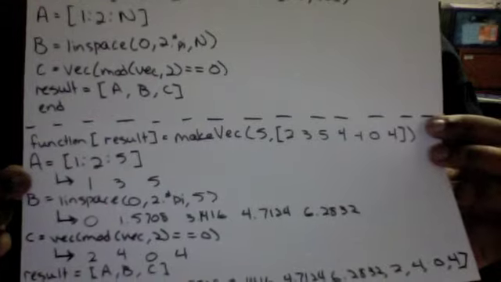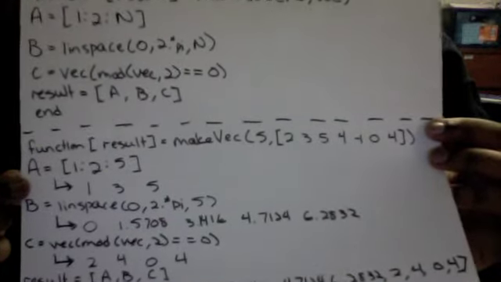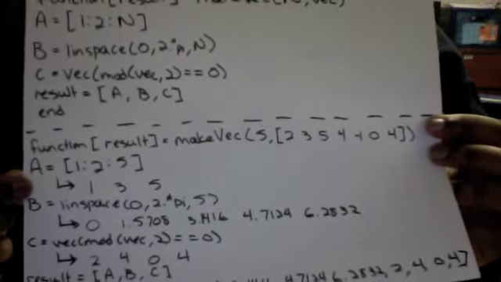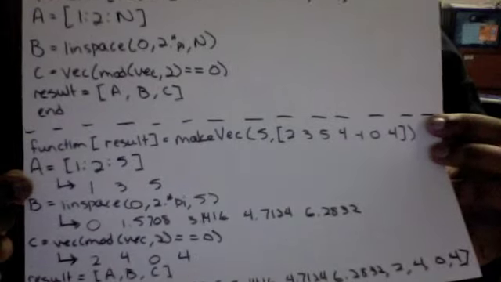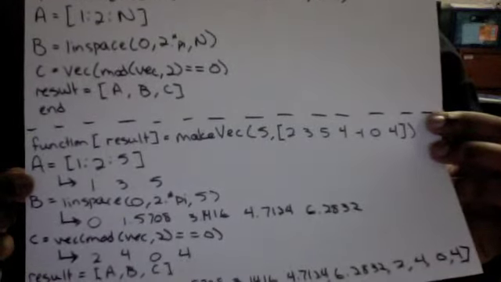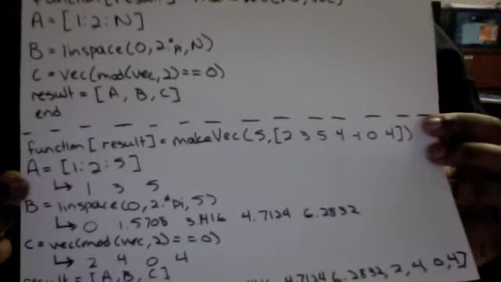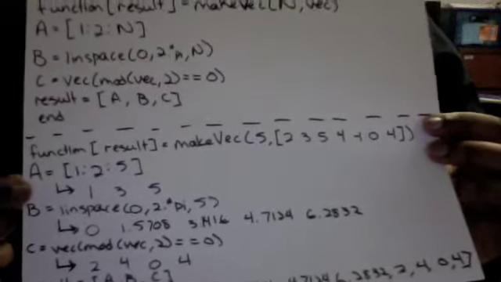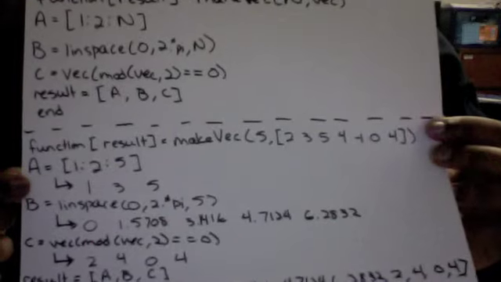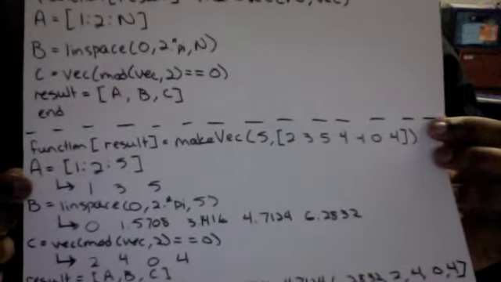We want the actual numbers from the original vec. So in the original vector, the numbers that are divisible by 2 are 2, 4, 0, and 4. So we have that as the final piece of our vector. And the result is the vector a, b, and c all put together as shown at the bottom.